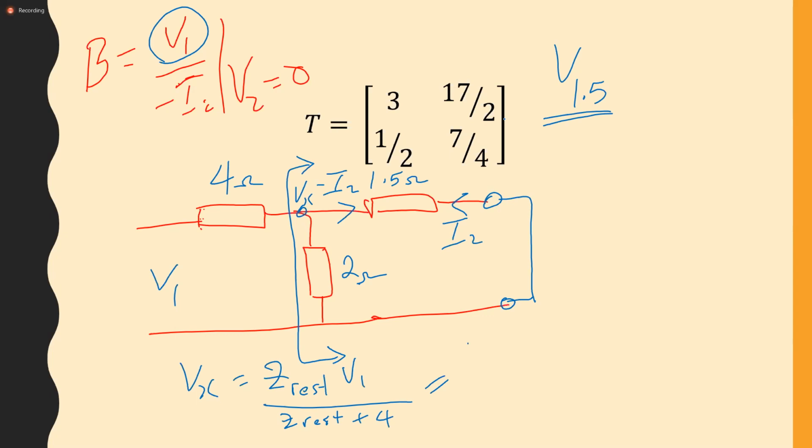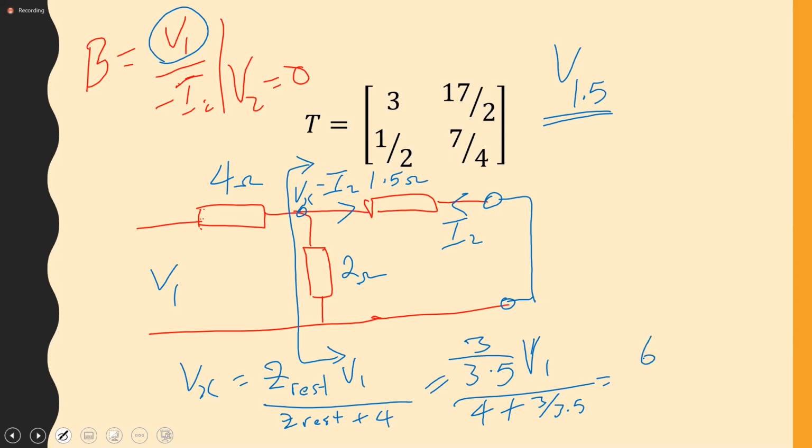The product over sum, 3 over 3.5. So 3 over 3.5 times V1, and then 4 plus 3 over 3.5. Based on our calculations, that gives us 6 V1 over 34.